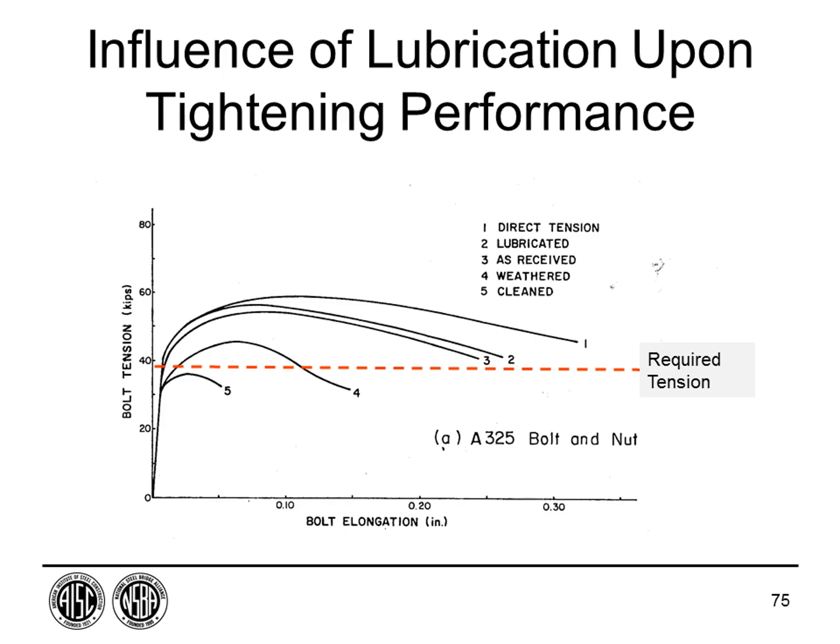Now what happens is the tension you can mobilize in a bolt is a function of lubrication. So at the top is what you would get in direct tension, and 2 and 3 are fairly well lubricated bolts. You see a reduction in ductility and tension, but that's due to the slight torque that's introduced by tightening it. But if you have clean bolts or weathered bolts, you can see this is a clean bolt.